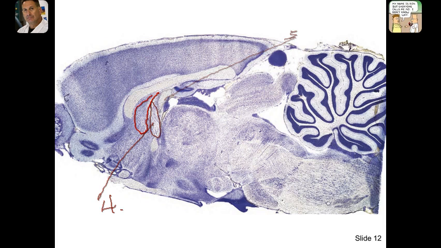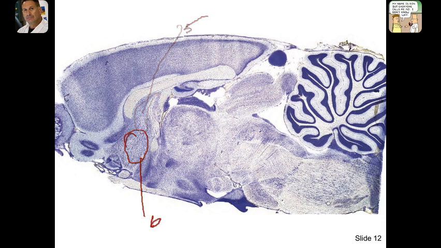This is the striatum. This is the nucleus accumbens. These are crossing fibers called the anterior commissure.